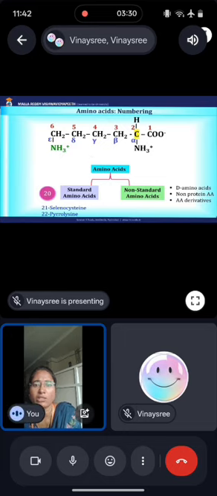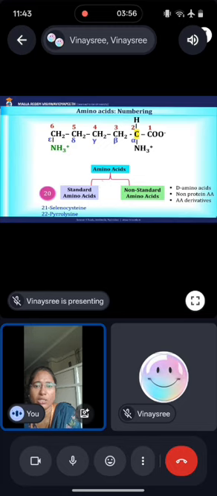Normally amino acids are of two types, standard amino acids and non-standard amino acids. Our body contains about 300 amino acids, but the most important standard amino acids are 20. These are essential for our body. And what are non-standard amino acids?